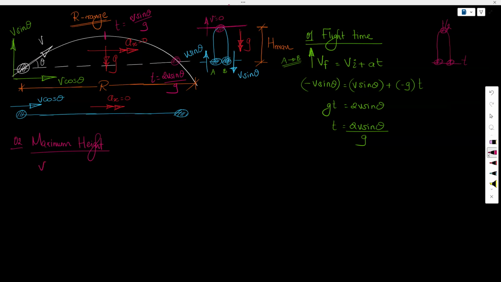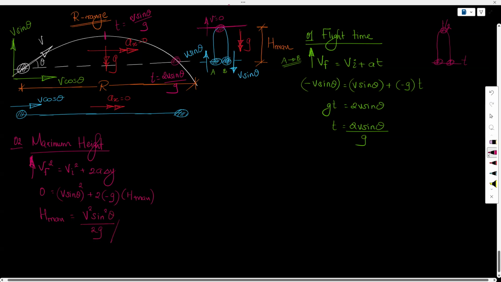So I'm going to use the equation Vf squared equals Vi squared plus 2a delta y in the upwards direction. The final velocity is 0. Initial velocity is v sine theta, whole thing squared, plus 2 times the acceleration due to gravity, which is minus g because I'm considering anything up as positive, and the displacement is up and it is h max. I can rearrange this equation, and I would get h max as v squared sine squared theta divided by 2g.